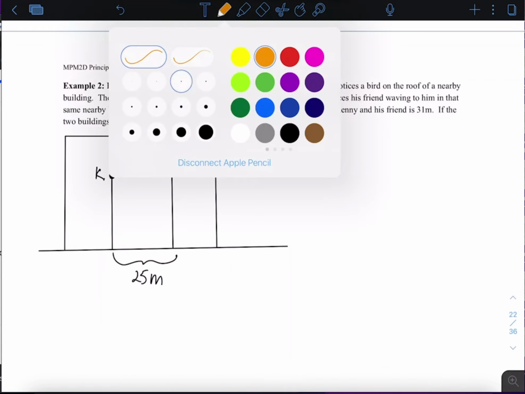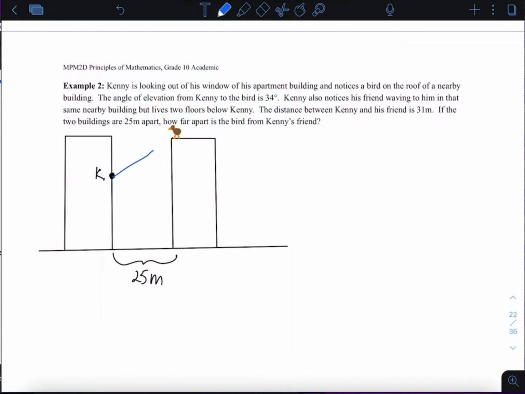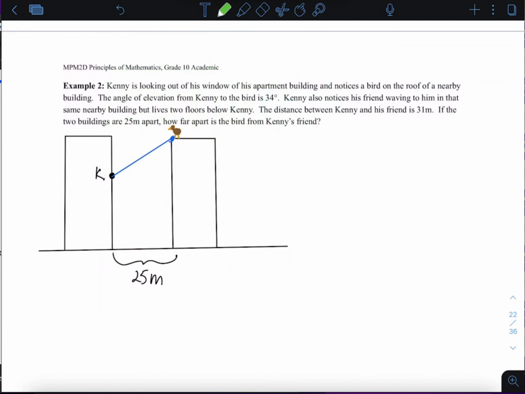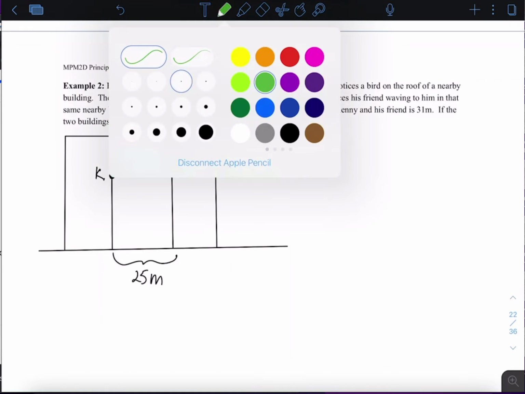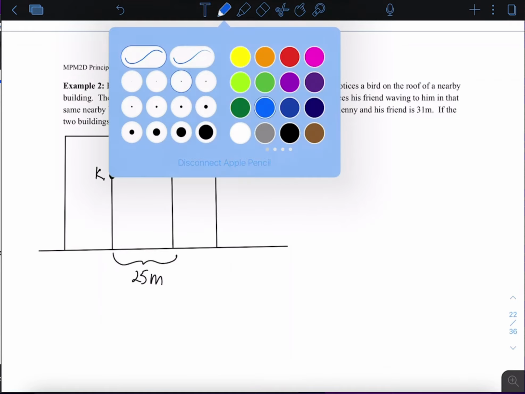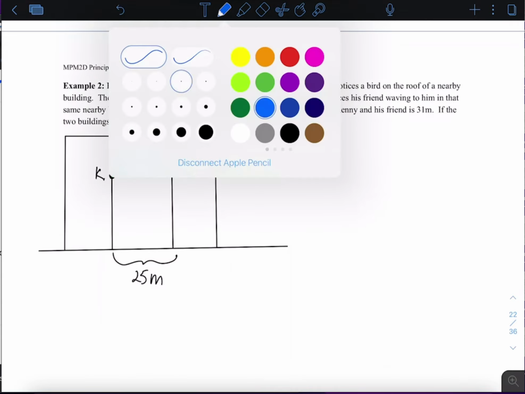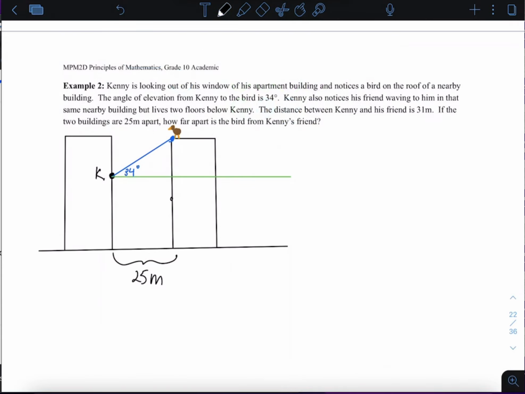It's not that pretty, but that's a bird. So, and we're going to reduce the bird to a dot. And here's the horizontal. Okay, and we know that the angle of elevation here is 34 degrees. His friend lives 2 floors below Kenny, so I'm going to say friend.